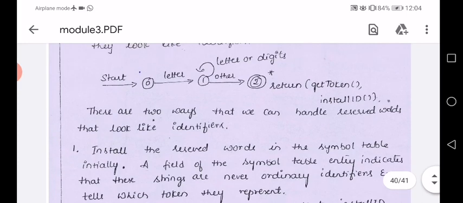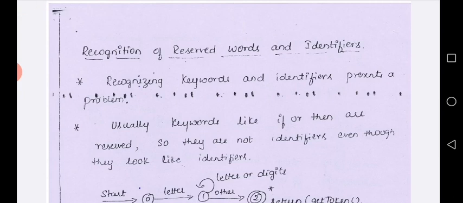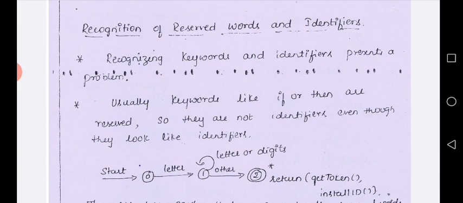We have a conflict between reserved words and identifiers. How can we overcome this problem? Whatever keywords we are using, upload them to the symbol table beforehand, so they have predefined tokens available. Then during compilation, whenever you get any word, whether an identifier or a keyword, just go and refer to the symbol table.